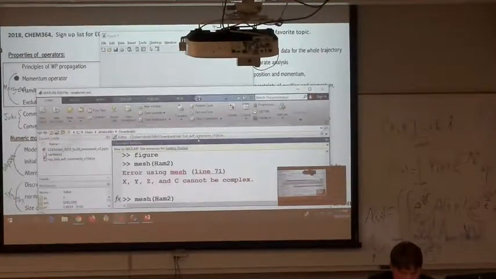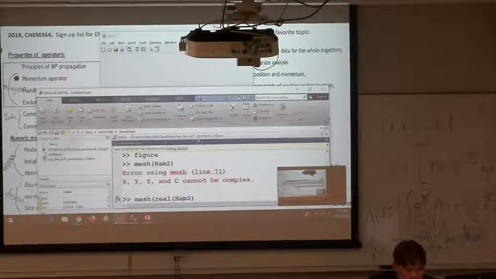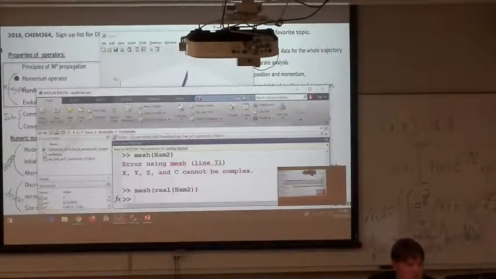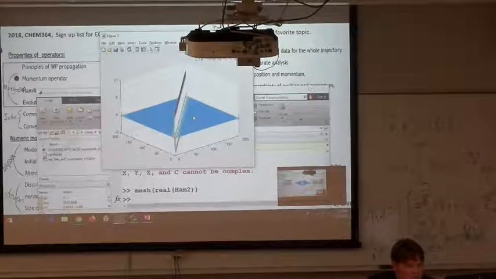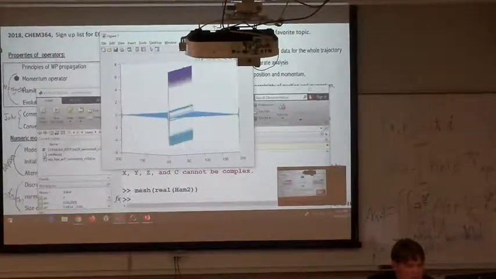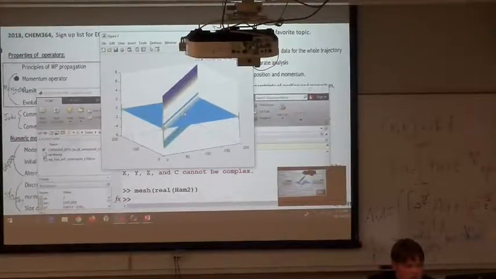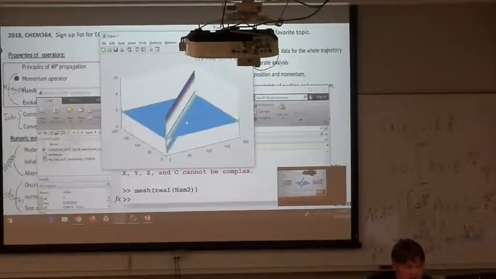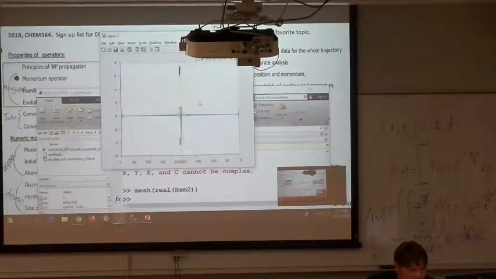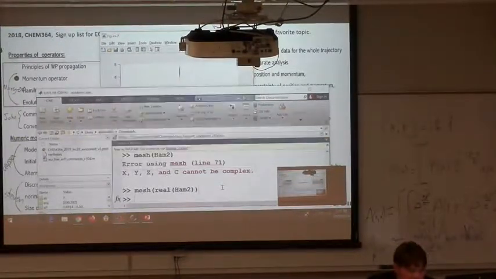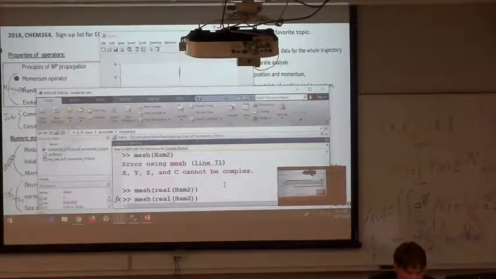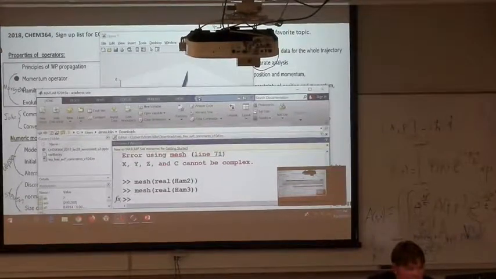Okay, let's do real. So it's a matrix representation of Hamiltonian in discrete Cartesian space, and I may want to do the same for Hamiltonian 3.